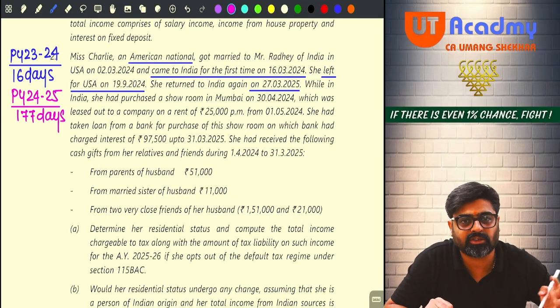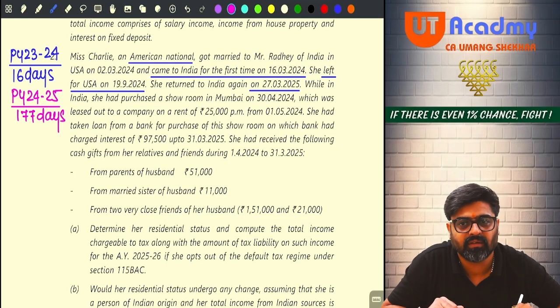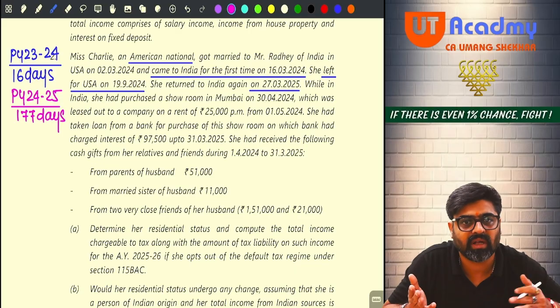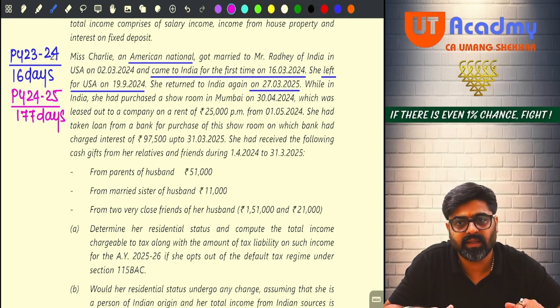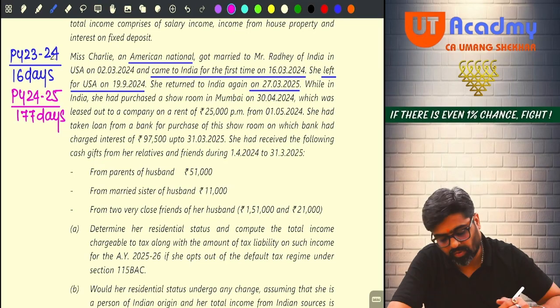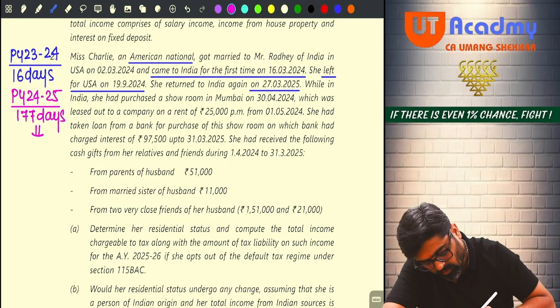So total stay in last 4 years is only 16 days. Basic condition B, part 1 fulfilled, part 2, last 4 years stay not fulfilled. So basic condition B fulfilled or not fulfilled? Not fulfilled. Neither she is satisfying A nor she is satisfying B. So tell me, in this previous year, what is her status? Non-resident.